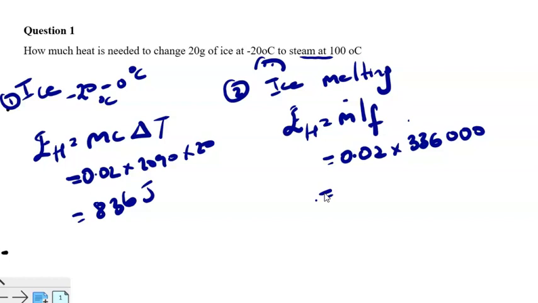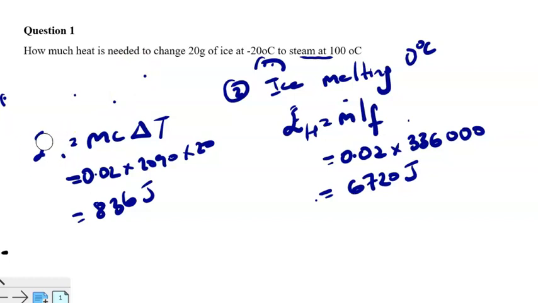And let's put that in our calculator, and we end up with 6,720 joules. Are we finished? No. We're just at 0 degrees because ice is going to melt at 0 degrees. We need to move from water at 0 to 100.